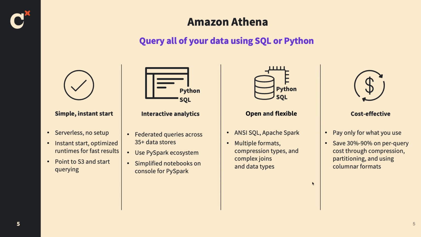We use ANSI SQL notation to author the SQL queries. And you can have multiple compression types to make the most of your storage. We will recommend some optimization techniques to get the best query performance and cost performance, which would make it easier for you to store the data for a long time and also at the same time run analytics on it.